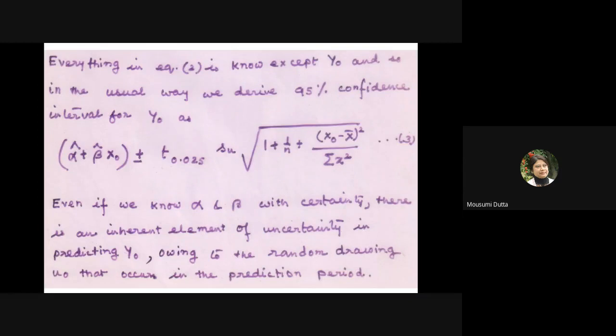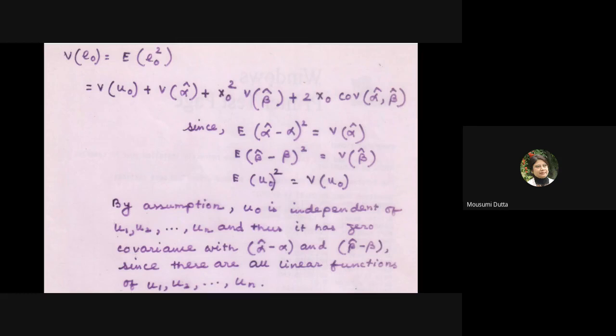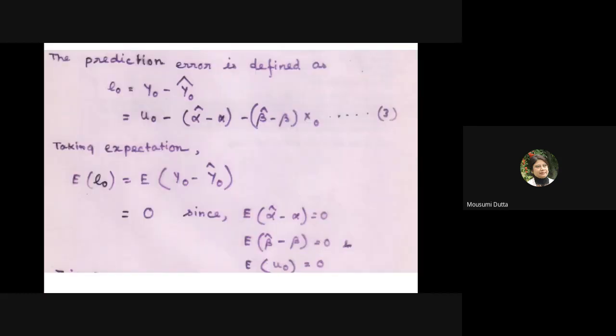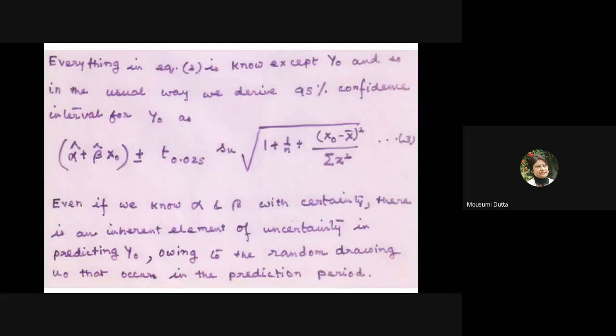If you look at the theory part, there are a few steps. We derive the expectation of E naught, the variance of E naught, and finally we got this interval. So this you need to find out: alpha hat plus beta hat x naught plus minus t 0.025. If nothing is mentioned, we will consider the test at 5% level of significance, so the 95% confidence interval will be given by this formula.